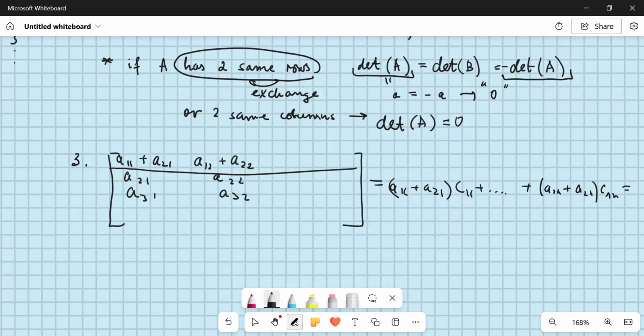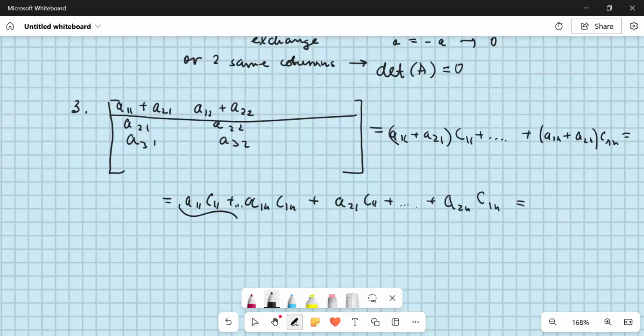Well, I'm going to open parentheses and have A11 C11 plus lots of terms, A1n C1n, and plus A21 C11 plus A2n C1n. Well, everything is clear with this part. That's just the determinant of matrix A, right? Like you expanded it by the first row.